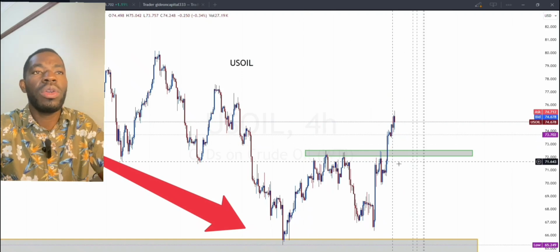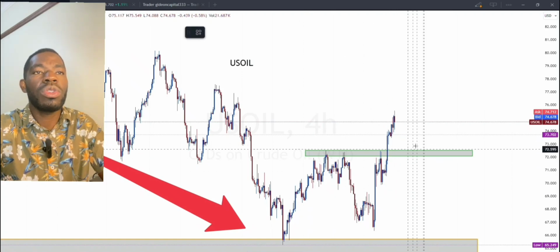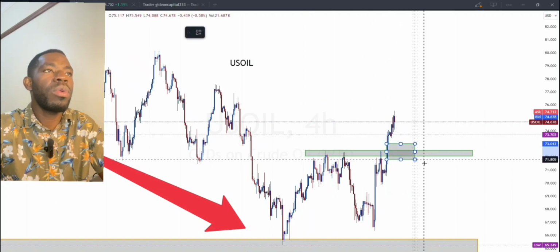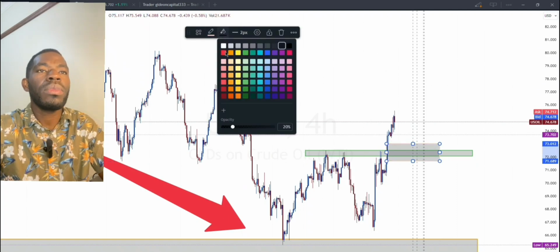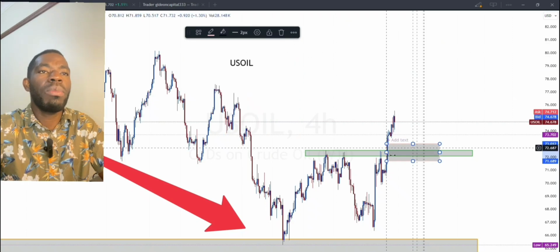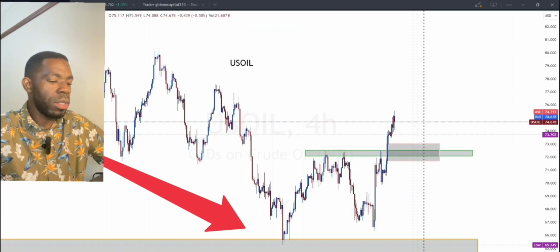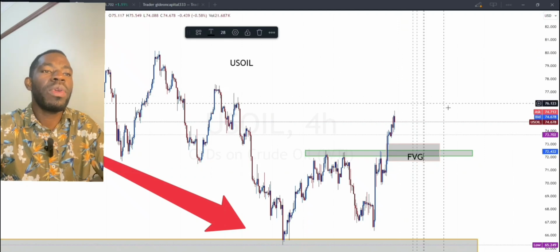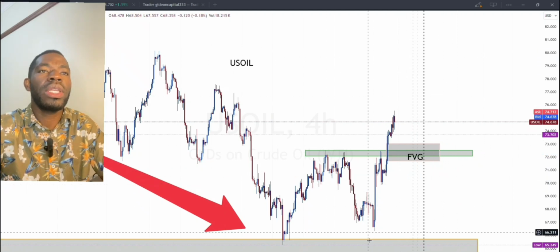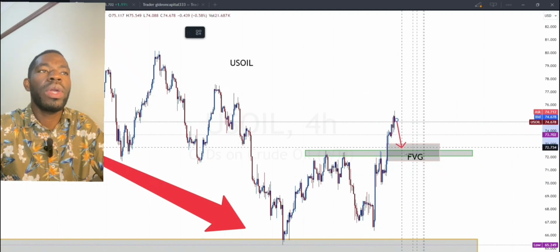As with USDJPY, we also have a fair value gap forming with US oil over here. That's our fair value gap forming there. This is a fair value gap also around here. So we are anticipating that this will retest here before we can buy to these highs.